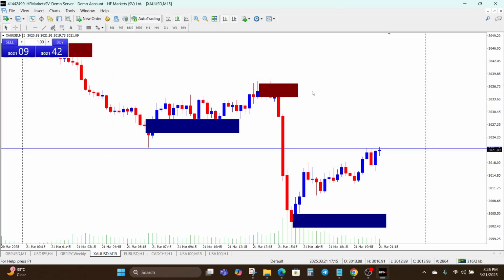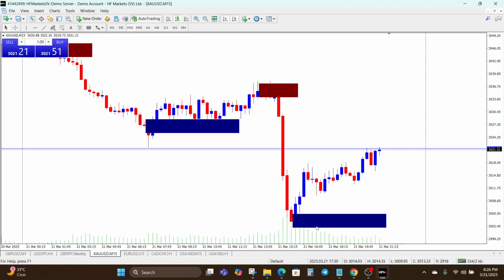How do you trade using order blocks? Now, for the bullish order block strategy, when price enters a bullish order block, just look for buy signals. It's actually as easy as that. Confirmation can come from candlestick patterns, trend lines, or indicators like RSI, moving averages, or whatever indicator you want to use.